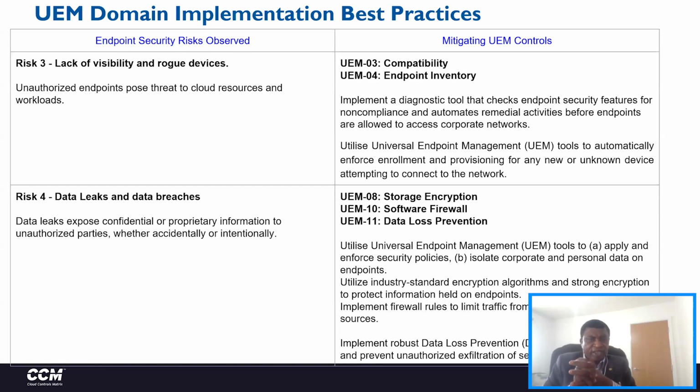The fourth risk is data leaks and data breaches. This is so vitally important. We all have heard of cases of data breaches, data leaks. Data leaks expose confidential and proprietary information to unauthorized parties. It could be accidental or even malicious or intentional. Regardless, there are three controls that can actually help mitigate these risks. And these are UEM 08, that's storage encryption, UEM 10, software firewall, and UEM 11, data loss prevention, DLP.